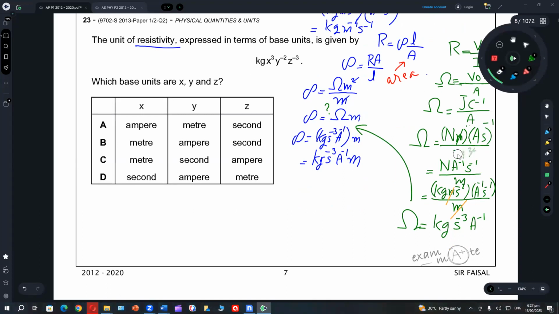The denominator is not A for area, it is ampere. Yes, I got the mistake. Thank you. So this was the mistake, and let's do from this point again.